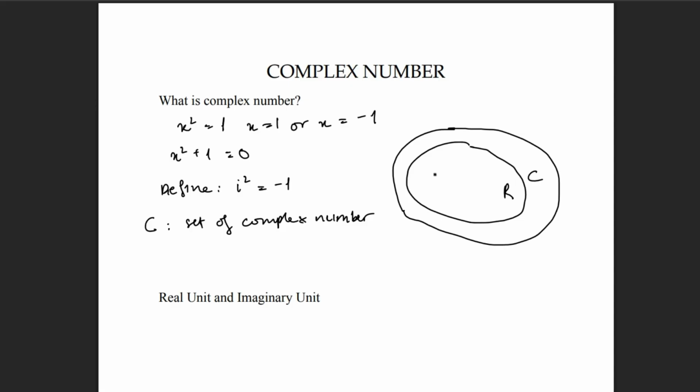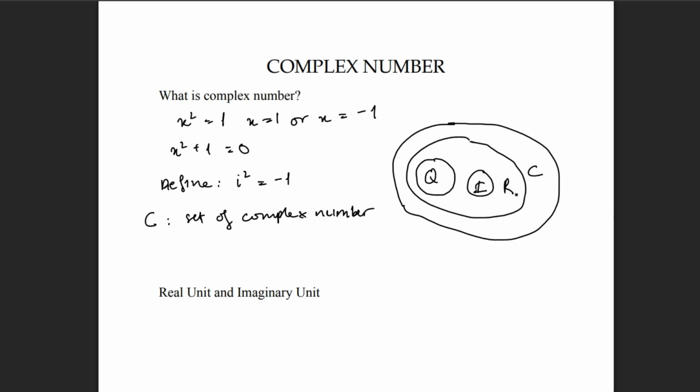In the set of real numbers, we will have the set of rational numbers and the set of irrational numbers. So we can see a set of real numbers is a subset of complex numbers.